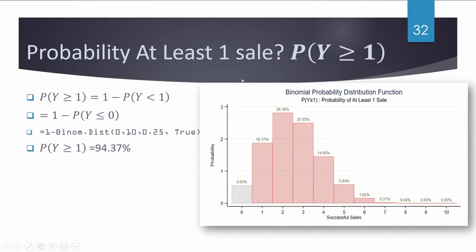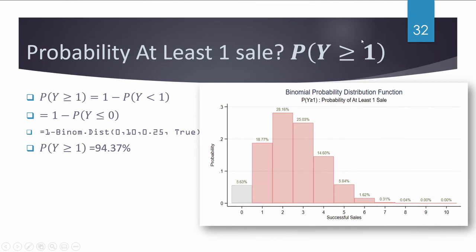Suppose I wanted to know the probability of at least one sale, so we're thinking one or more sales. Well, we can see highlighted here, we can graphically represent that. While it's obvious that we could add all of these numbers one at a time, we would have had to calculate them all separately.